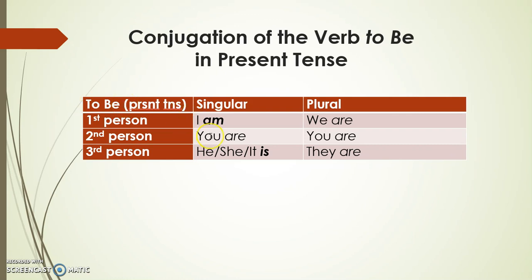So everything for to be, our conjugation of to be, is all the same: second person singular as well as first, second, and third person plural. All are except for first and third person singular. So I am tired, he, she, it is tired, but you are tired, we are tired, and they are tired.